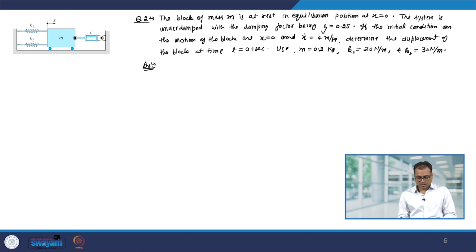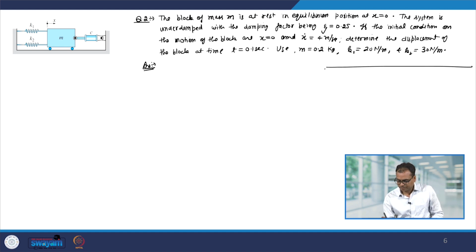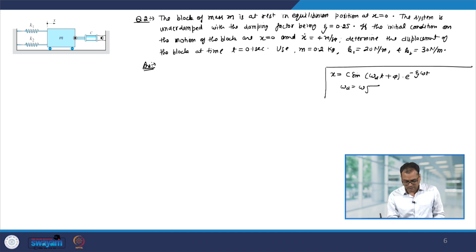Okay. So, let me again write down that x is given by c sin(omega d t plus phi) into e to the power minus zeta omega t. Omega d is omega square root 1 minus zeta square. Zeta is gamma over 2 m omega and omega is square root k by m.